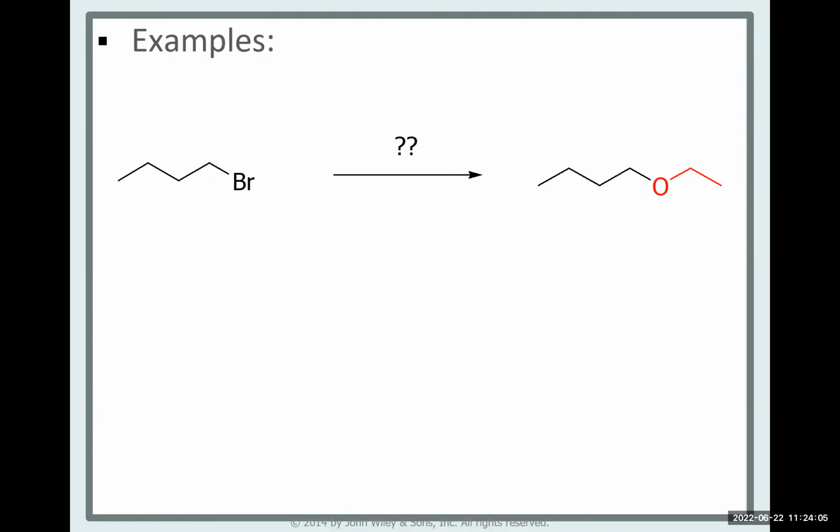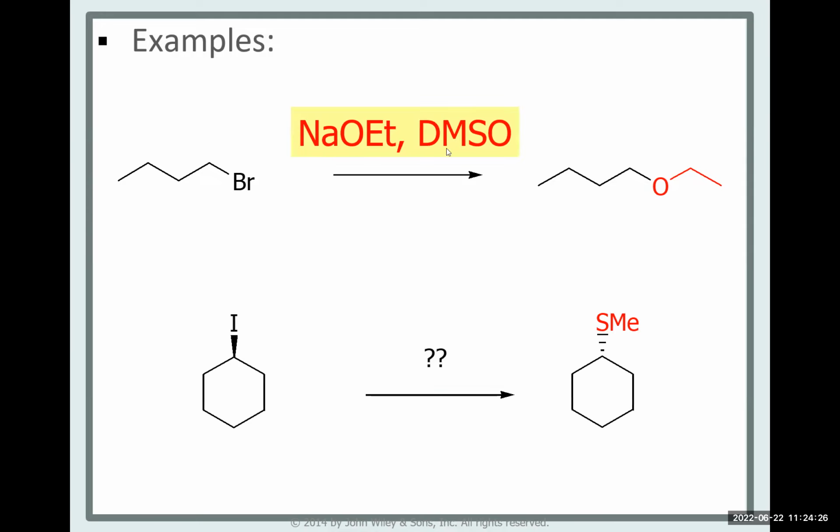Is it negative or neutral? Ethanol is neutral, so that would make it weak. I think what you're thinking of is ethoxide. So ethoxide would be the negative version of ethanol, which would be a very good reagent in this reaction. So that's ethoxide. And then DMSO.